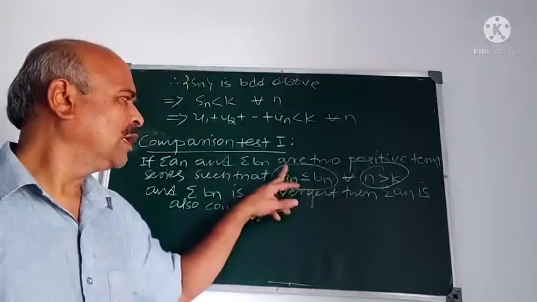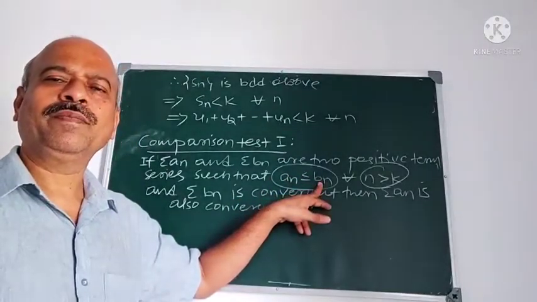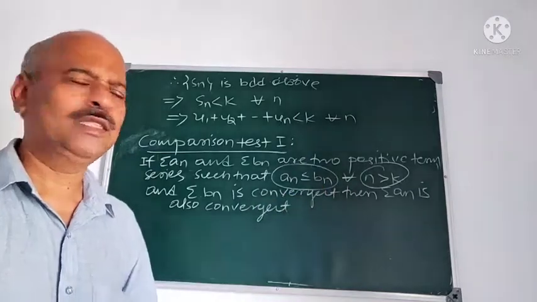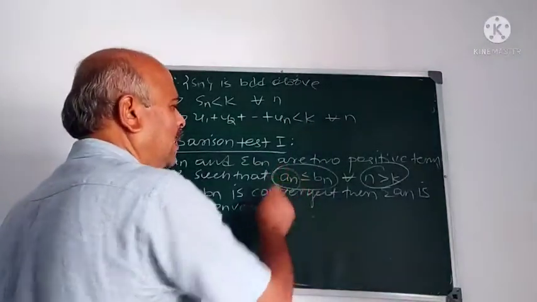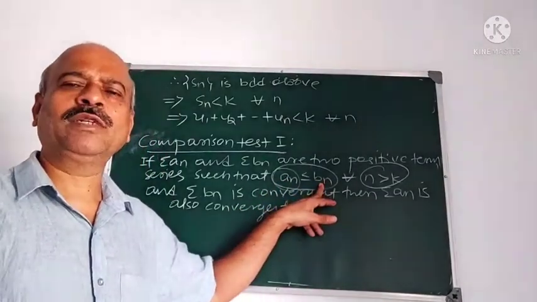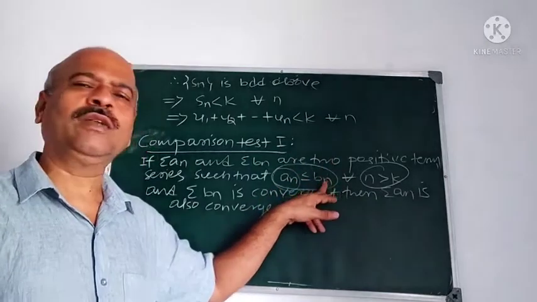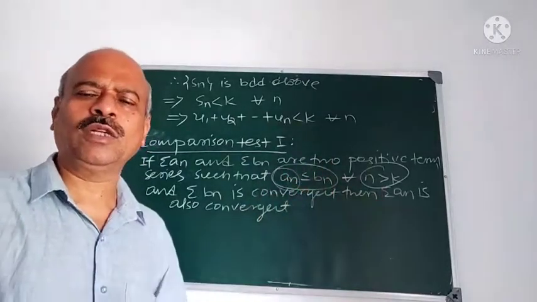Suppose sigma an is divergent, then sigma bn is divergent. In case of divergence, the smaller one diverges, sigma an diverges, then sigma bn diverges. But the first theorem is if sigma bn is convergent, then sigma an is also convergent.